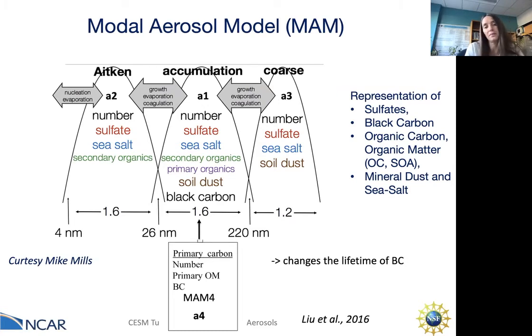So it changes in lifetime. But in general, the modes that you're seeing here are actually from the MAM5 model. The MAM6 model has slightly different widths of the modes, and probably new versions will go back to this original size.